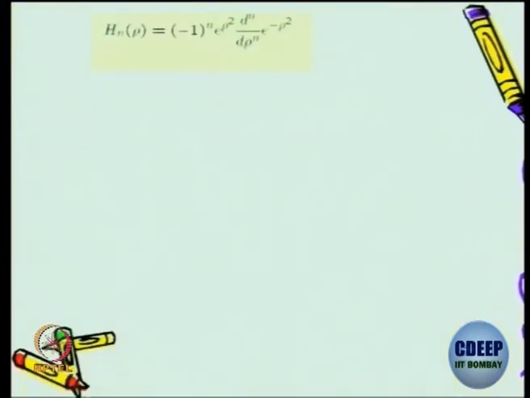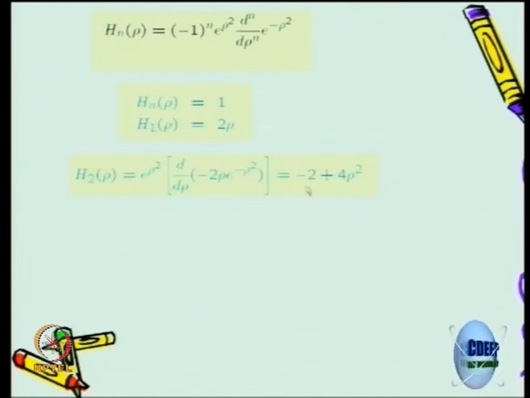So, just to list a few, H0 of rho is 1, H1 of rho is 2 rho, and H2 of rho will again have only even powers, there won't be any odd powers. So, that is a constant plus 4 rho square and so on.